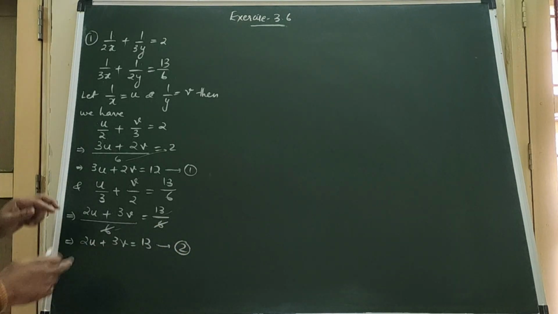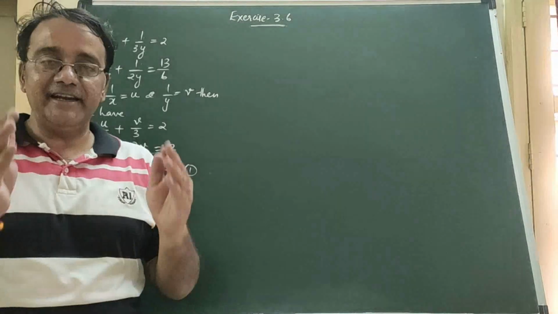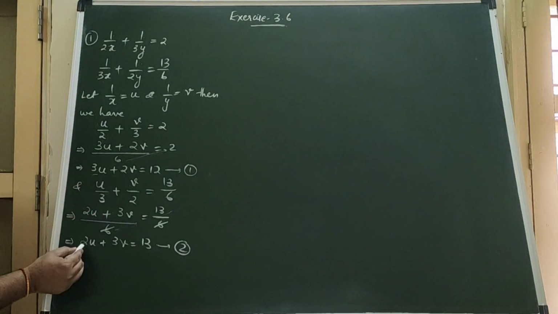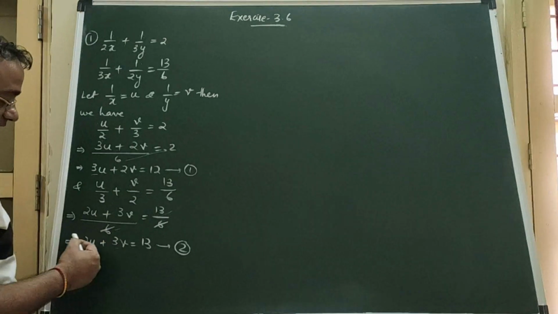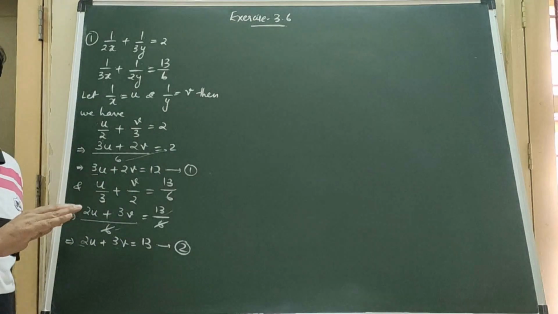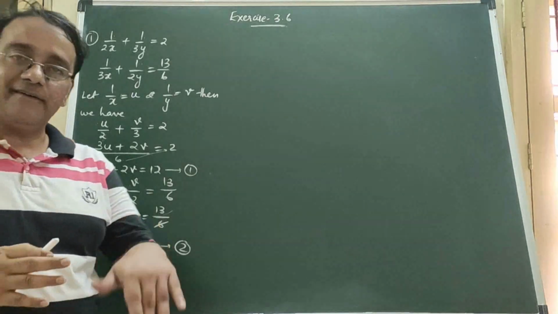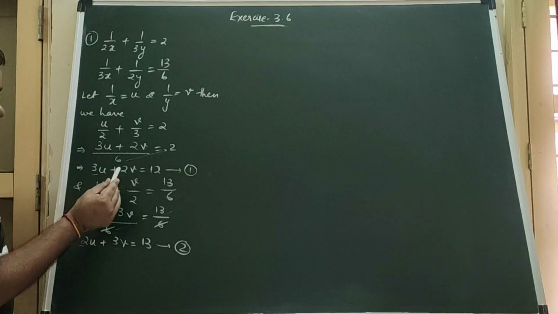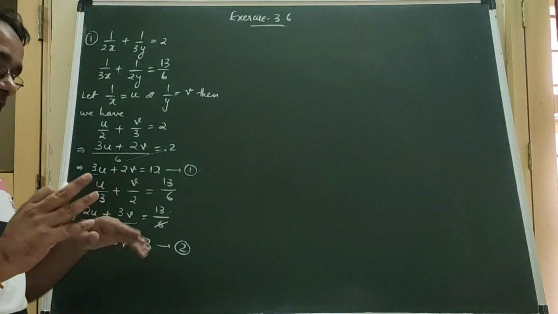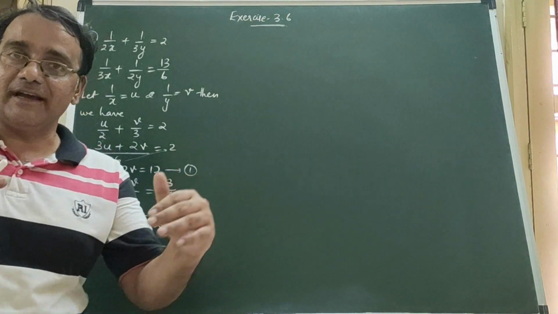Now after getting this form, we will check whether any coefficients are same or not. तो ध्यान से देखेंगे, यहाँ पे 3 और यहाँ पे 2 है, यहाँ पे 2 और यहाँ पे 3 है. So that means coefficients of both the variables are not the same. So now we have to make them the same. कैसे करेंगे? See, किसी को भी पहले एक को सेट कर लो. यहाँ पे दोनों का जो साइन है सेम है.